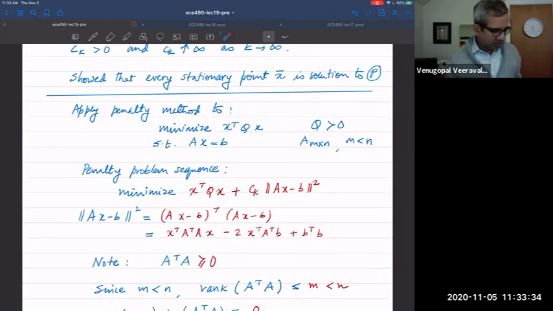You may have to increase C a little bit, but you don't have to make it go all the way to infinity. You'll get a solution that's getting close to the optimum well before that happens. Okay, so is this clear?